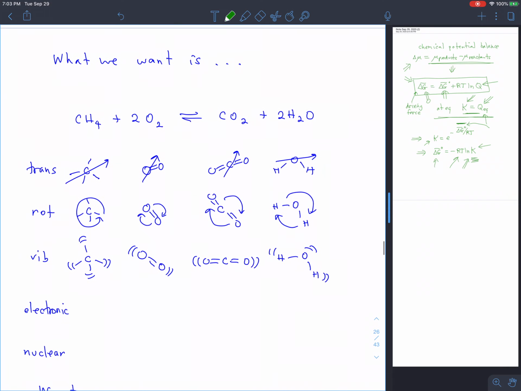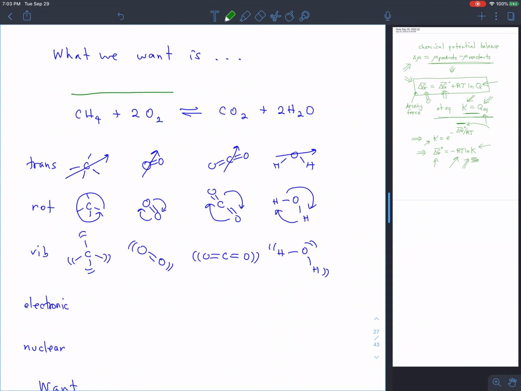What we want instead is something like this. Here's our same chemical reaction again. Methane and oxygen goes to CO2 and water. If we are at 0 degrees temperature, then there's no translational motion, right? No rotational motion, no vibrational motion. Same for all these other molecules. If you're at 0 temperature, all those motions are frozen out.